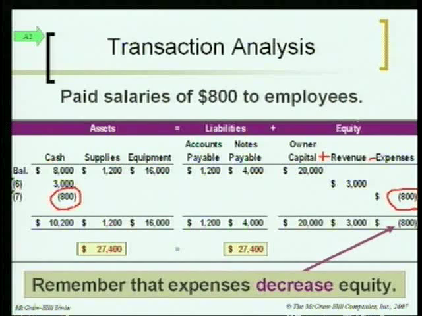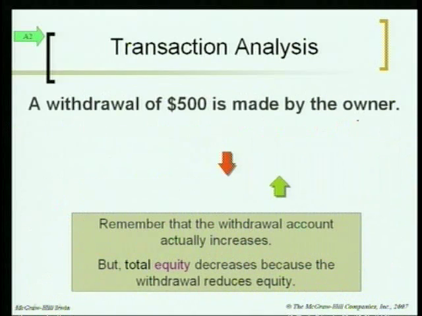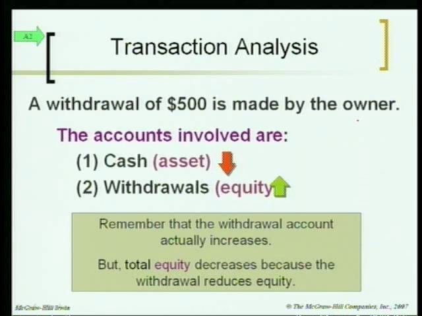It's the same way with the next transaction on your withdrawals. A withdrawal of assets by the owner out of the business is one of those things that causes equity to decrease. So cash goes down by $500 in this instance. Withdrawals goes up, but we know that, let me slow down.